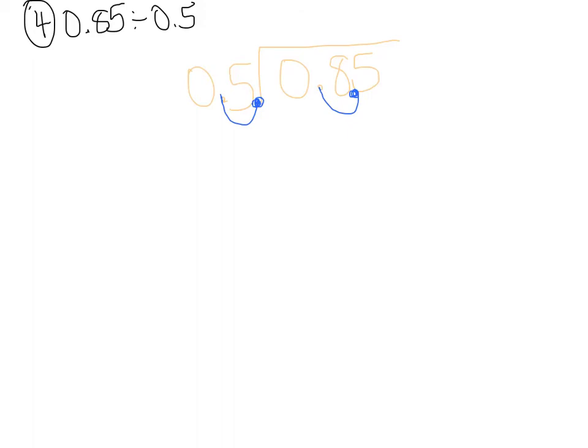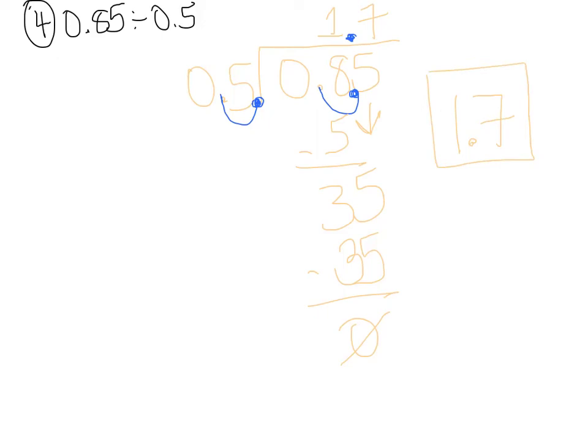Now I can divide. 5 goes into 8 once. Oh, I forgot to place my decimal point right there, right above where it is in my dividend. Bring down your 5, and 5 goes into 35 7 times. So 85 hundredths divided by 5/10 is 1 7/10.